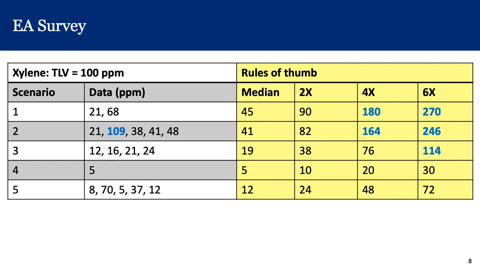So the first data set, if you recall, has only 2 data points, 21 and 68. And so the median is, in fact, the average of those 2 data points. So the median is 45. And so 2, 4, and 6 times the median, or the geometric mean, correspond to 90, 180, and 270. And we have an occupational exposure limit for xylene, which is the threshold limit value, or TLV, of 100 parts per million.